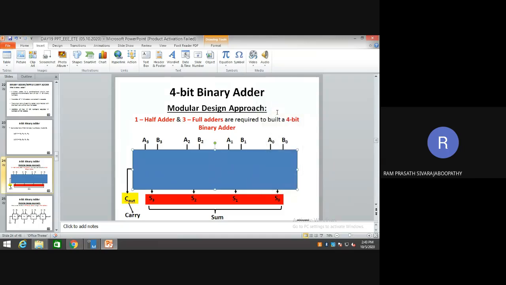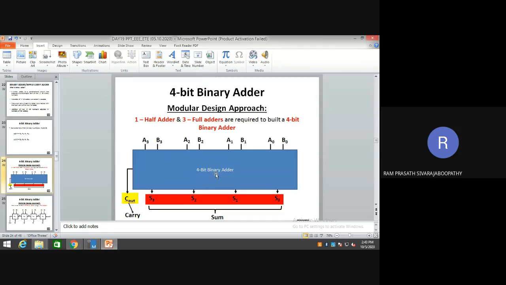Okay. So now it is my 4-bit binary adder. Is it clear now? Yes, sir. The whole circuit it is available in the IC.